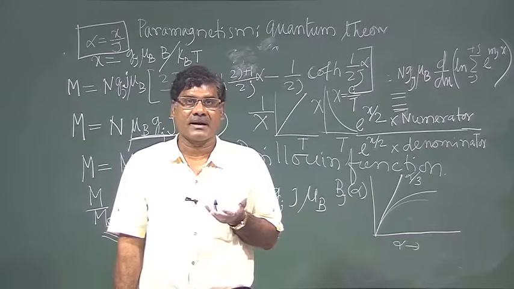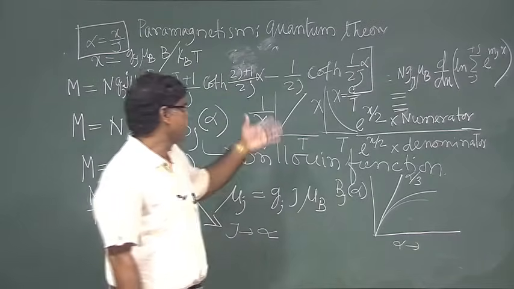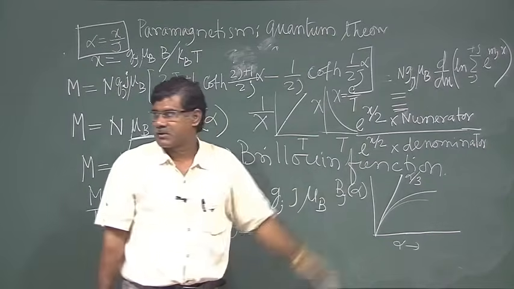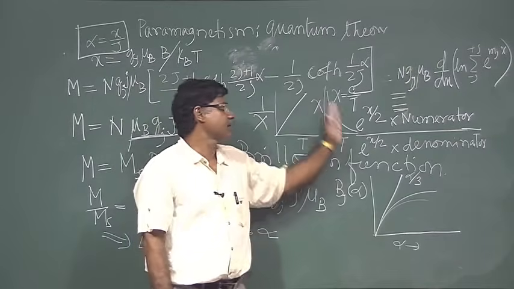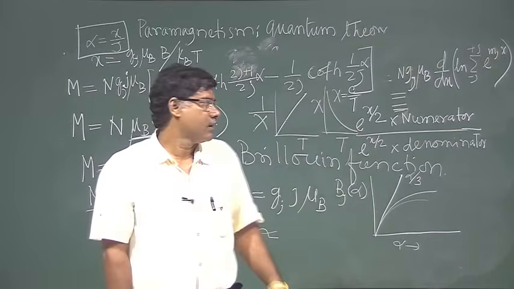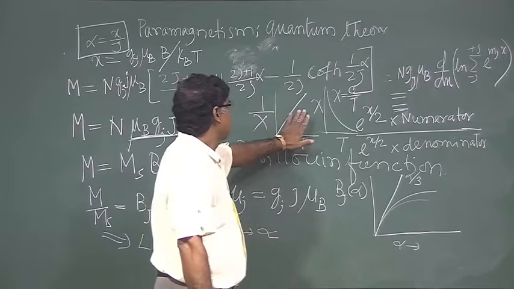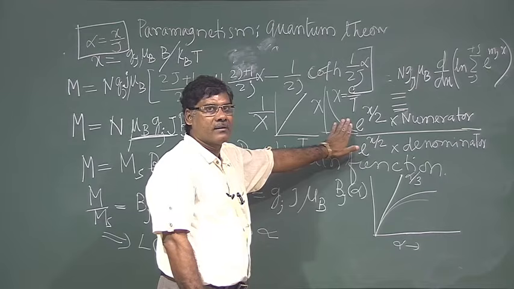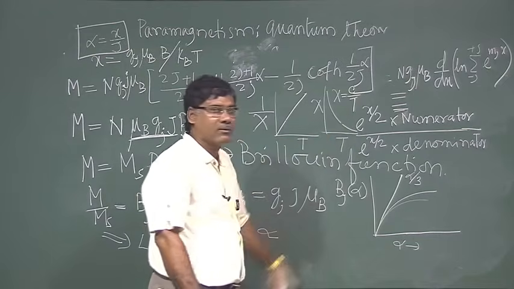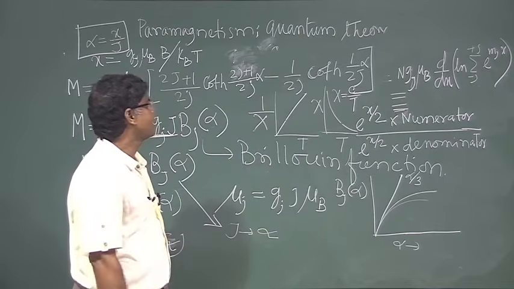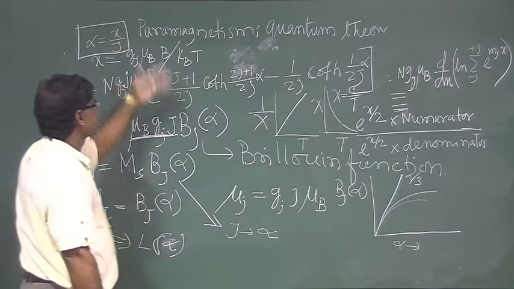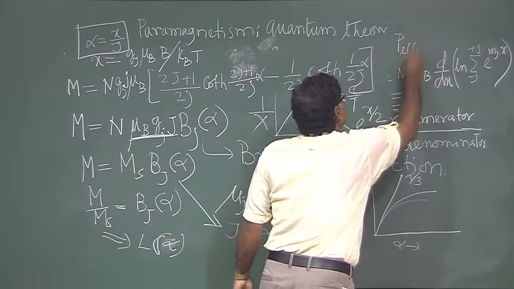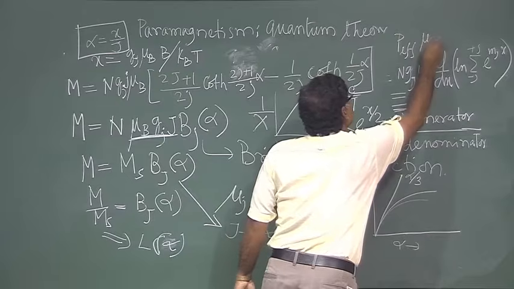If you measure the magnetization and then the susceptibility and plot it as a function of temperature, and the curve follows like this, then we say that it is a paramagnetic material, and from this one can, in principle, calculate the P effective, that is in units of mu B, right.